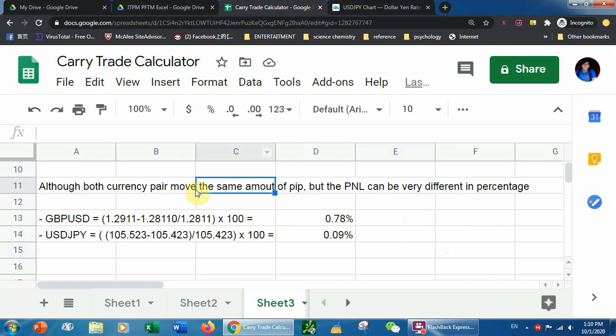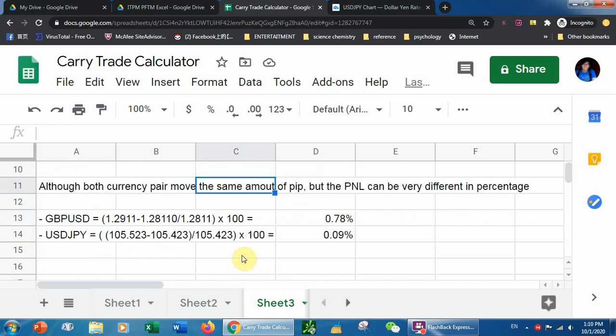And inside that signal, they will tell you, hey, we expect a 100 pip move from the pound dollar, or we expect a 100 pip move for the US dollar Japanese yen, right?